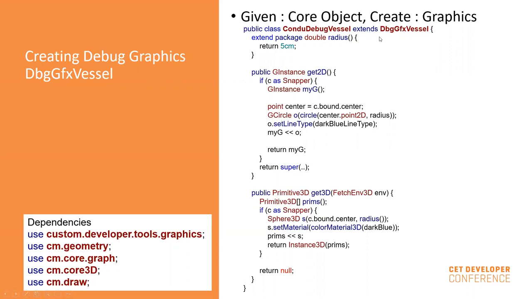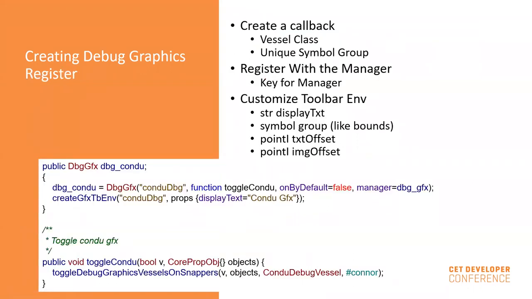So I have my condu debug vessel, and then I need to register that vessel with the manager. To do this, I'm going to have 3 steps. One, I'm going to need to create a callback for this vessel. That means when you click those buttons, they'll either turn on and off, and they'll apply to a set of objects, which is usually all of space.